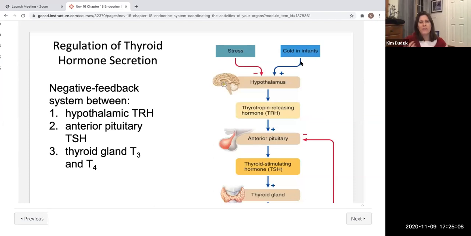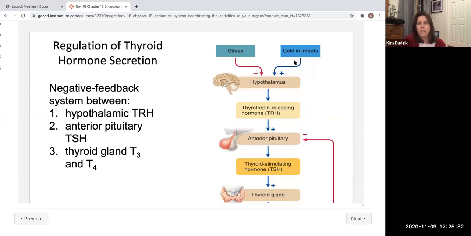This one, cold in infants. Now, infants don't have the ability to shiver when they're cold, like we shiver, right? Remember those little micro contractions of our muscle cells, they end up producing more ATP, and when we produce more ATP, we release some of it as heat. So infants don't have the ability to shiver.